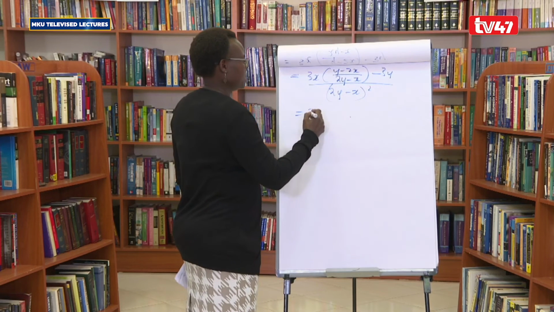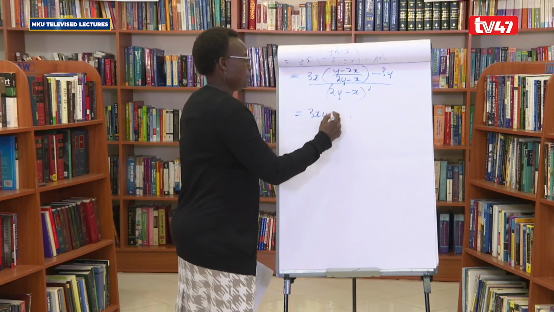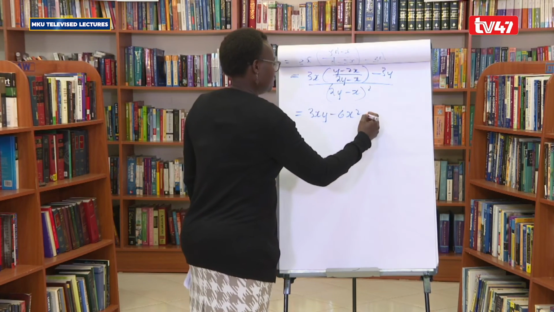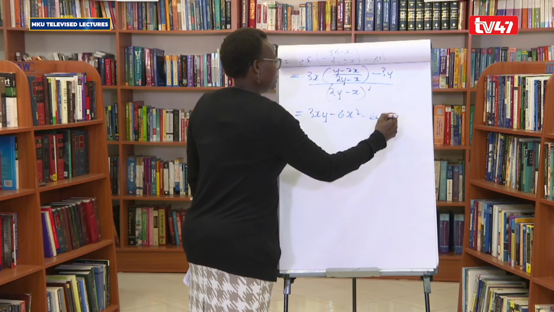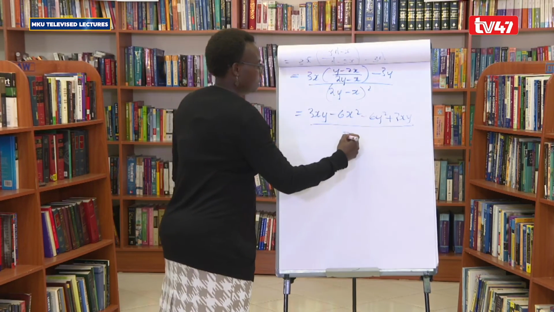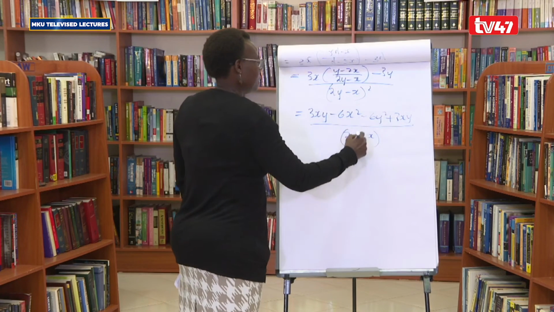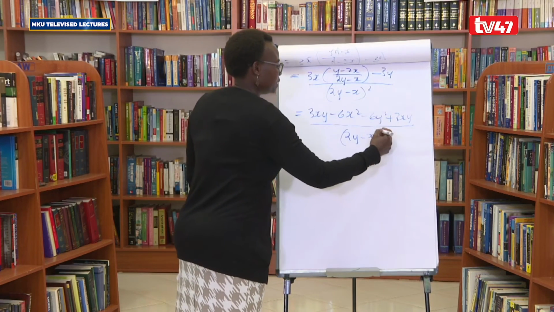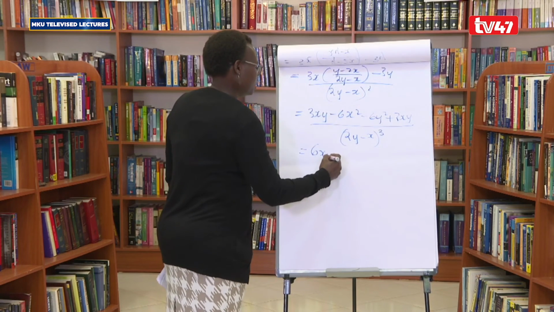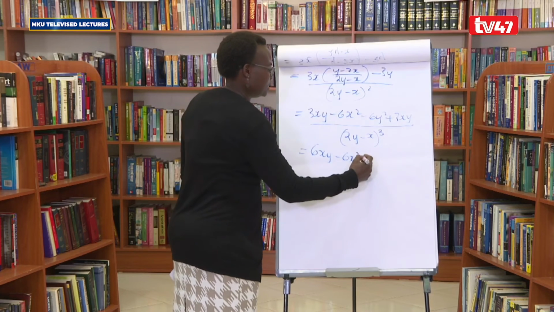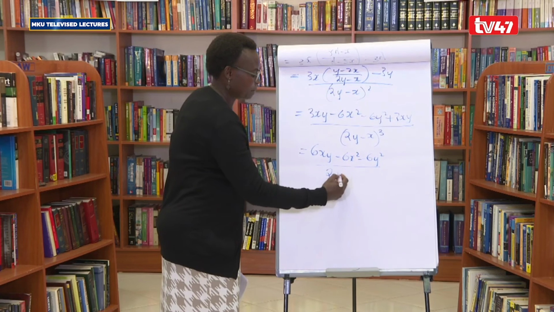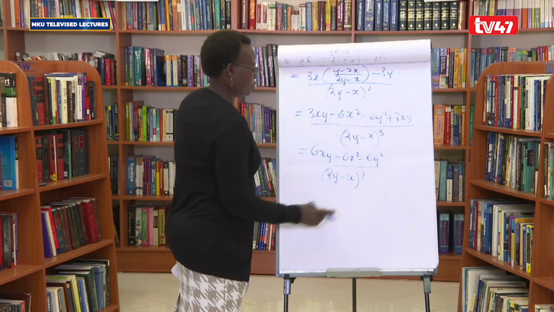This will give us 3xy minus 6x squared, and then minus 6y squared plus 3xy over 2y minus x. This was squared together with this will give us cubed. And then we collect like terms. This will give us 6xy minus 6x squared minus 6y squared over 2y minus x cubed.